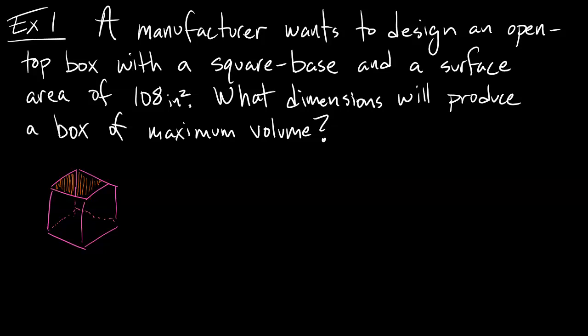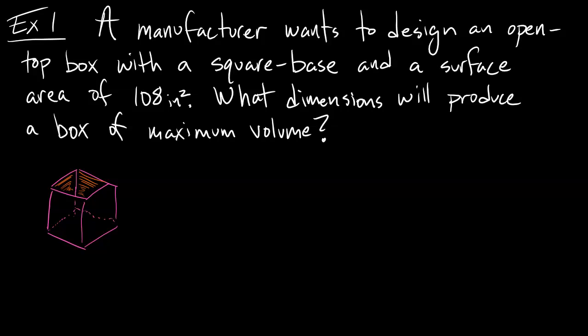I don't know if that helps or not. That just makes it look like I shaded the top piece, doesn't it? Let's erase that. Let me do the exact opposite. I probably don't have a good way of shading this. I wonder if I go like this. That might make it appear, who knows. So just pretend this is a shoebox without a top, right? But we do know the surface area is 108 square inches.